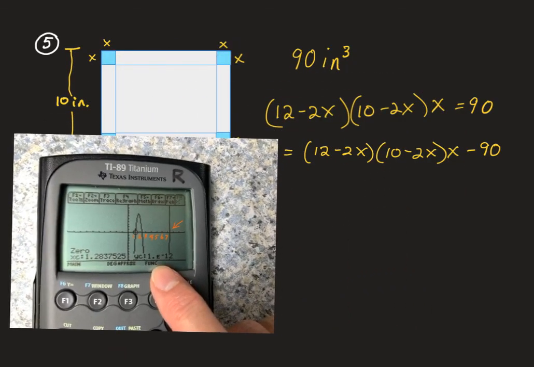Even if it were only 7, by the time we did 12 minus 2 times 7, we would have a length for our longest side of -2 inches, which does not make sense. We don't have negative lengths. So this last 0 is not part of our solution, so we don't even have to find it.